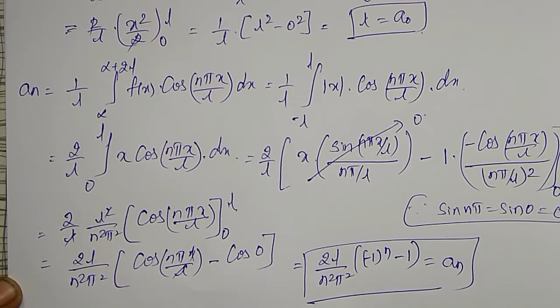An value is 2L divided by n square pi square into minus 1 raised to n minus 1.